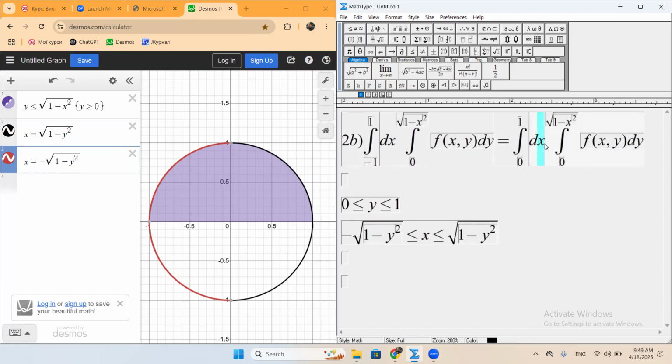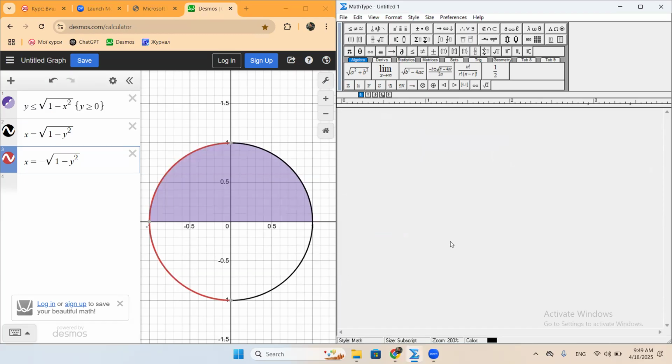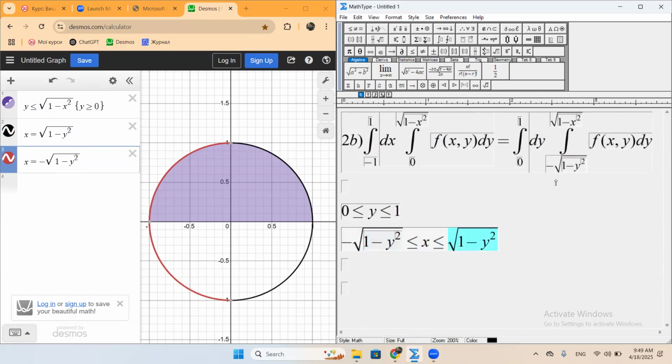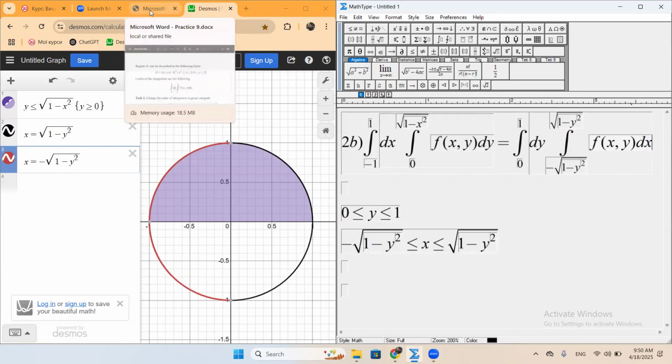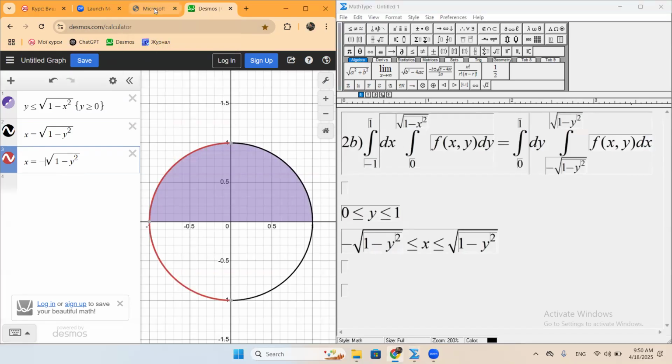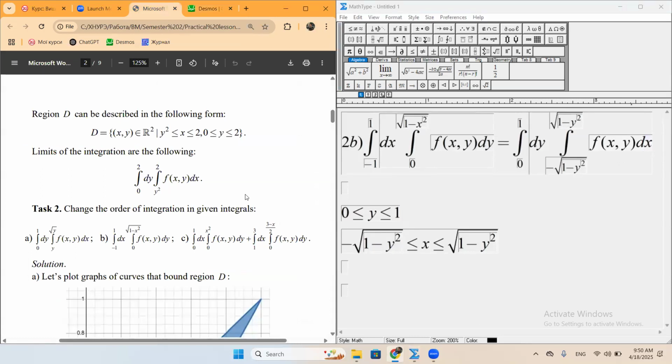From 0 to 1 dy, and from minus square root to square root dx. So it's done. Any questions? I guess no questions.